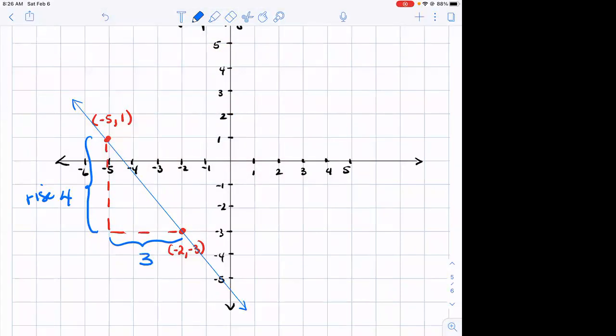But because the line is traveling from left to right, we can say the run is -3.